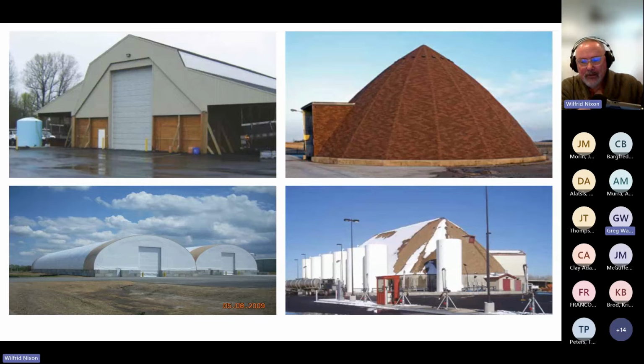On the bottom right, we see an elongated dome structure. This one does have vertical walls before you get into the dome roofing. Obviously, this is a structure that is designed to store a lot of salt. Top left is a typical rectangular building.